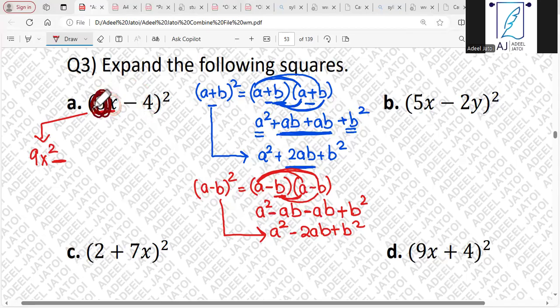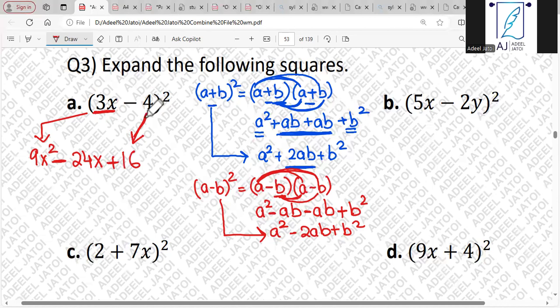2 threes are 6. 6 fours are 24. So we'll have 24x. So this will be minus 24x. And in the end, what do we have? We have negative 4, so negative 4 squared will be b square. So this turns down to plus 16.